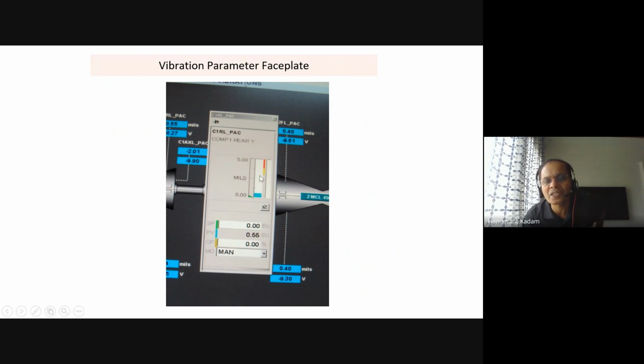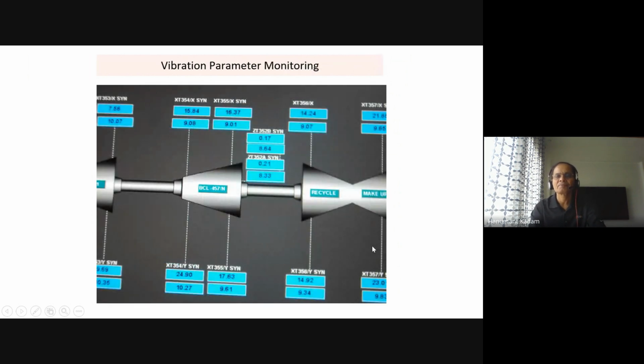So you see here on the DCS, one of the probes for vibrations, where it is present on manual mode, and 0.55 mils PV. Mils is the unit for the vibration here, and this is the range which is shown. This is where the alarm comes, and this is the tripping range, which I have told, axial has some tripping range and radial has a different one.